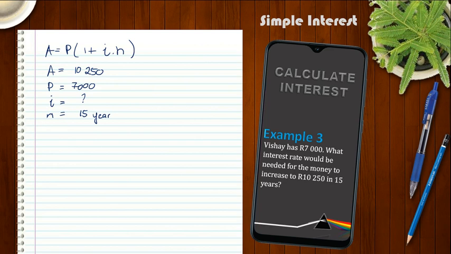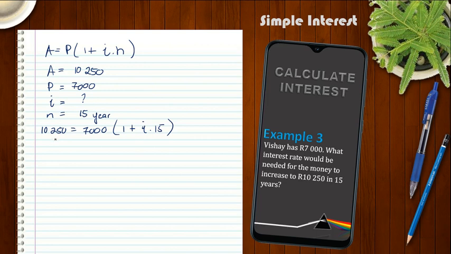So let's substitute everything in. We have 10,250 equals 7,000 times (1 plus interest times 15 years). Something you need to be careful for, but we'll look at that in the end: the i, the interest, you're going to have to remember that it is over 100.